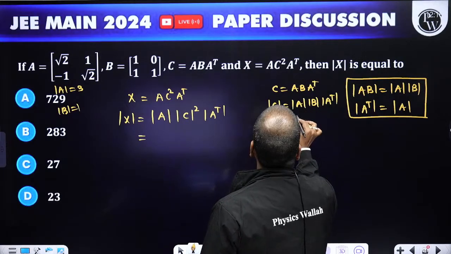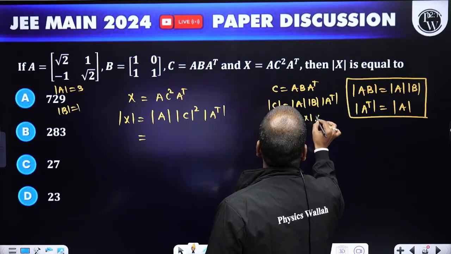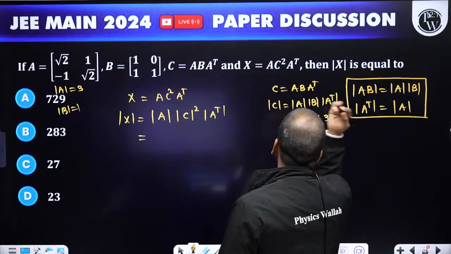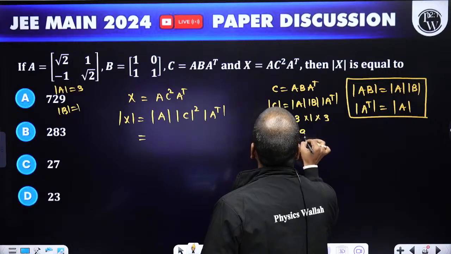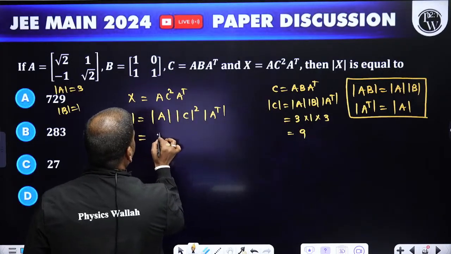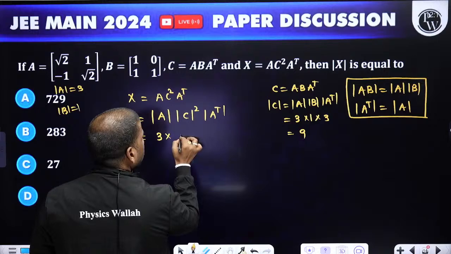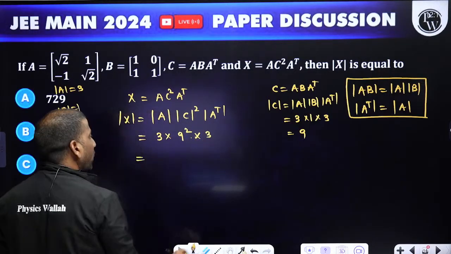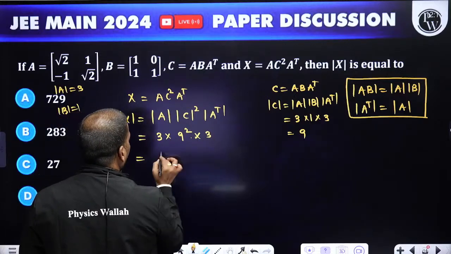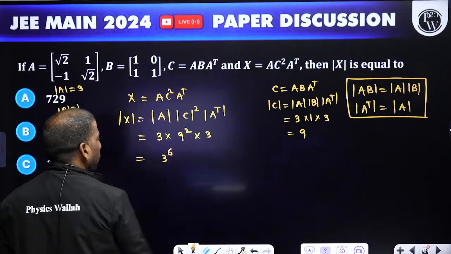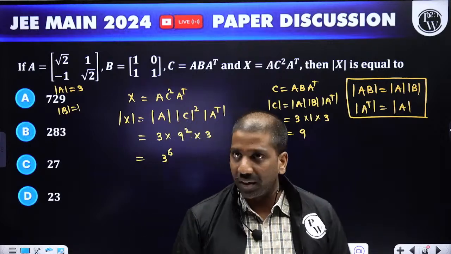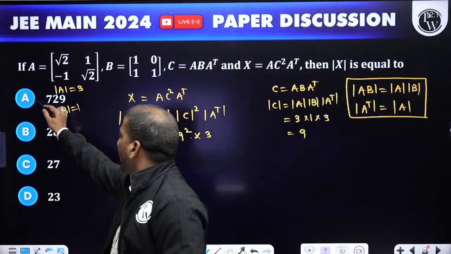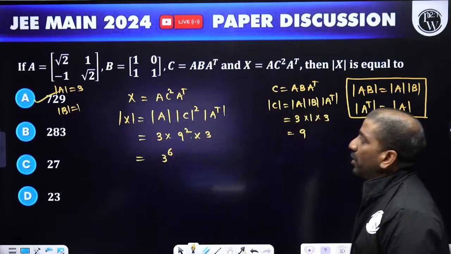Determinant of A is 3, determinant of B is 1, and determinant of A transpose is also determinant of A, so this is 9. Then finally, 9 square and 3. What do you get? 3 square, 3 power 4, 3 power 5, 243, 3 power 6, 729, right? 729 is the right answer.